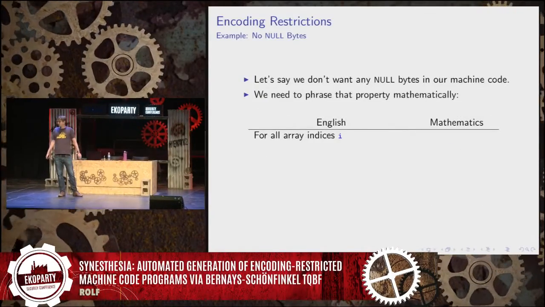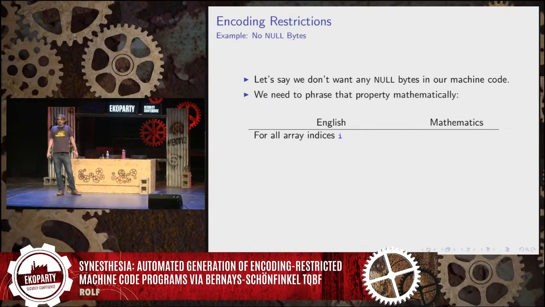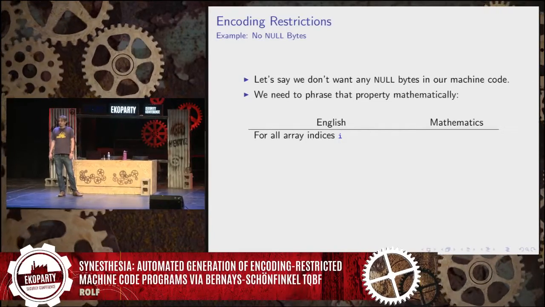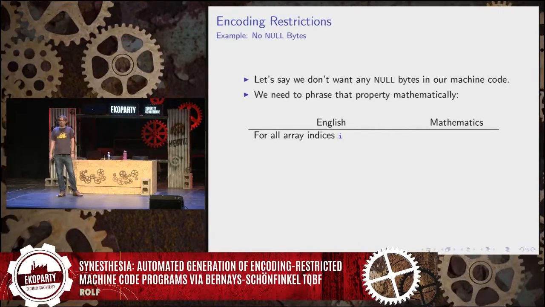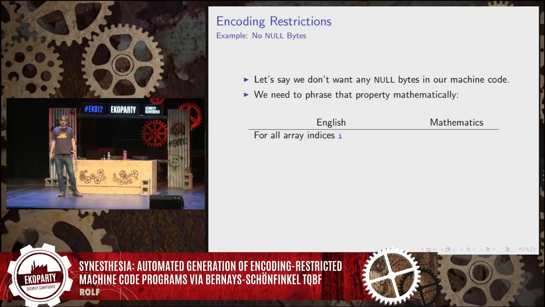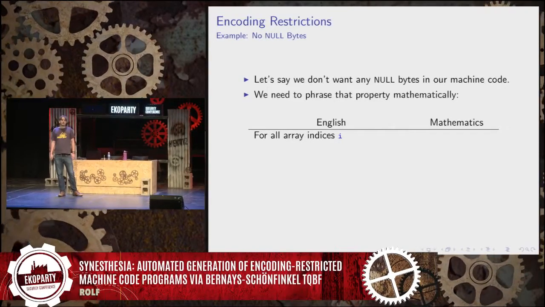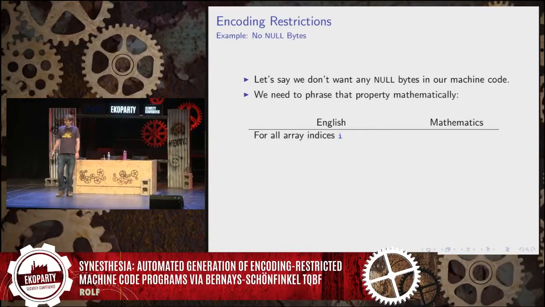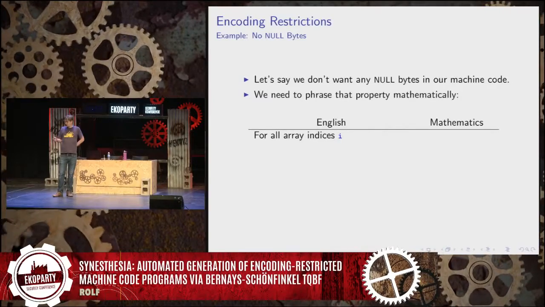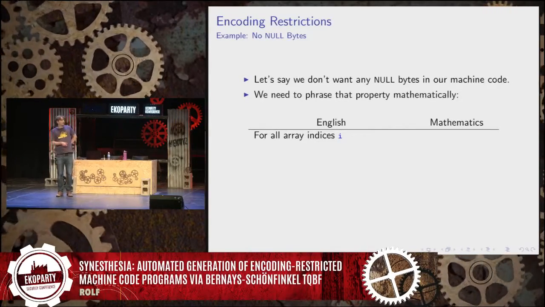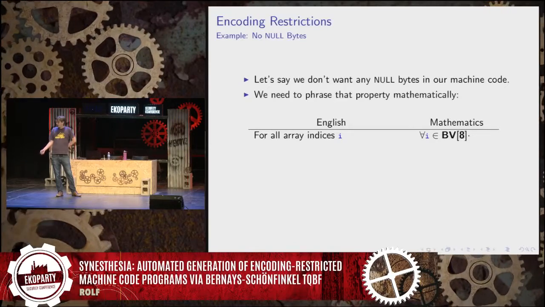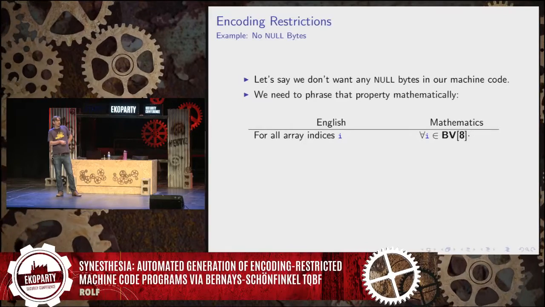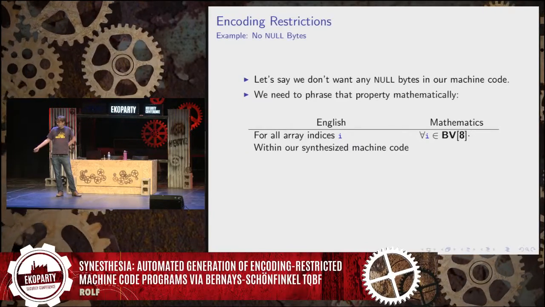So I'll walk through a simple example here. Let's say that we don't want any null bytes in our shellcode, i.e. no 0 bytes anywhere in our machine code. So we just need to come up with a way to specify this as a formula, and then we can add it to our existing formulas, and now it'll allow us to synthesize null byte free shellcode. So it's just a simple mathematical translation here. For all array indices, called I, so given that our machine code is only 256 bytes length, we can get away with an 8-bit index.